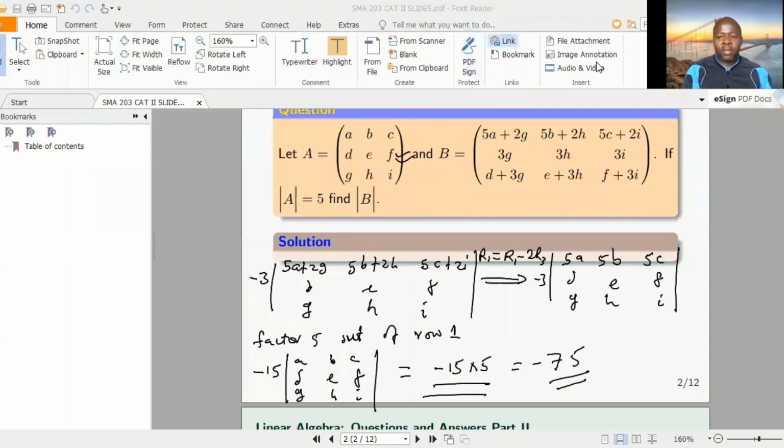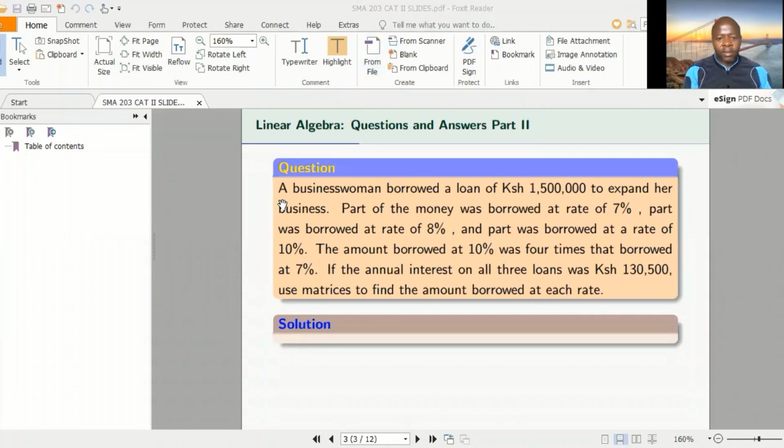Now let's look at another question. It says a businesswoman borrowed a loan of 1,500,000 Kenyan shillings to expand her business. Part of the money was borrowed at a rate of 7%, part was borrowed at 8% rate, and part was borrowed at 10%.